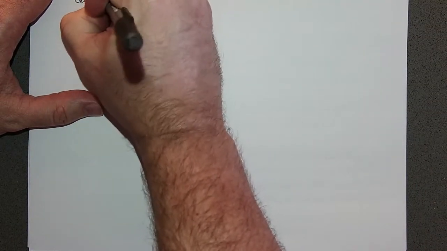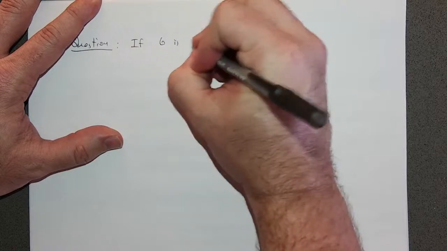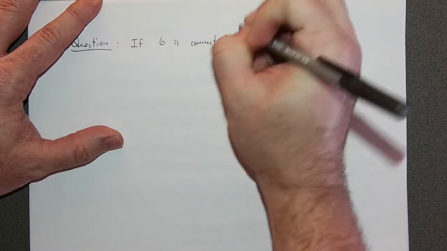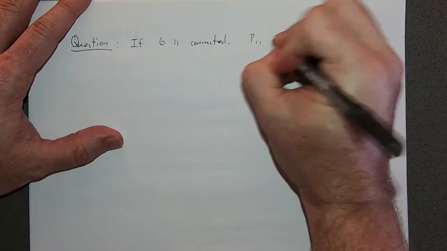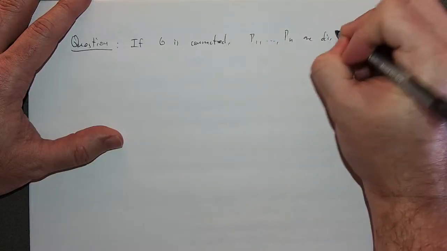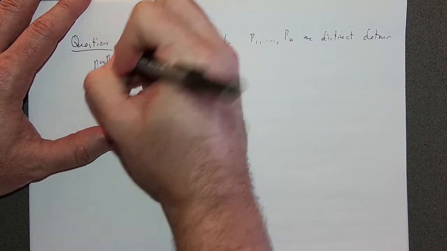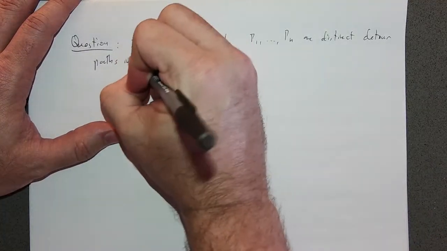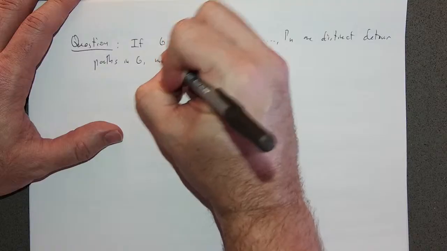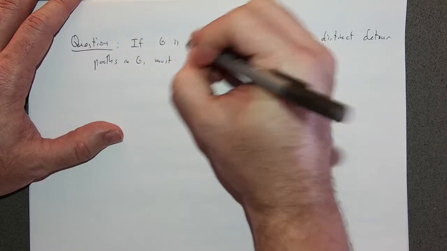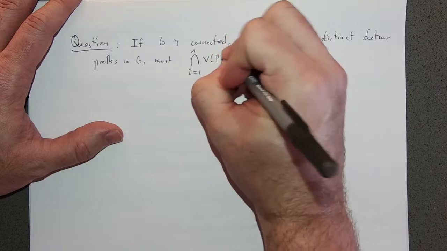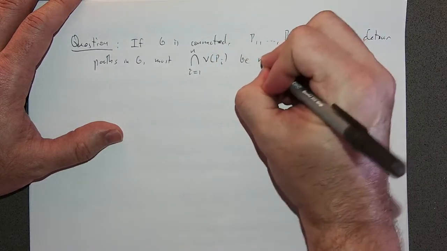So here's a related question. If G is connected and P1 to Pn are distinct detour paths, so they have the most amount of vertices in G, must the intersection of all of these vertex sets be non-empty?